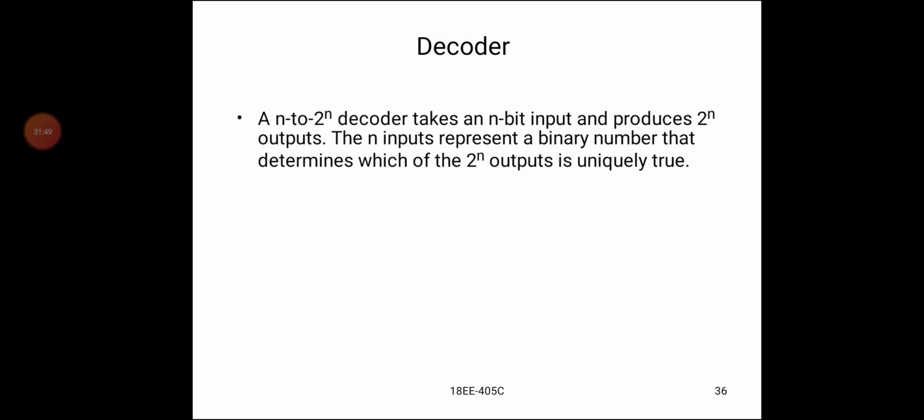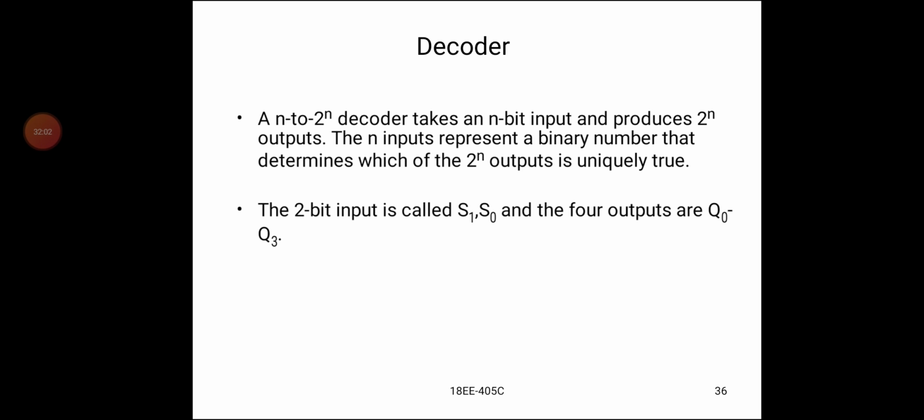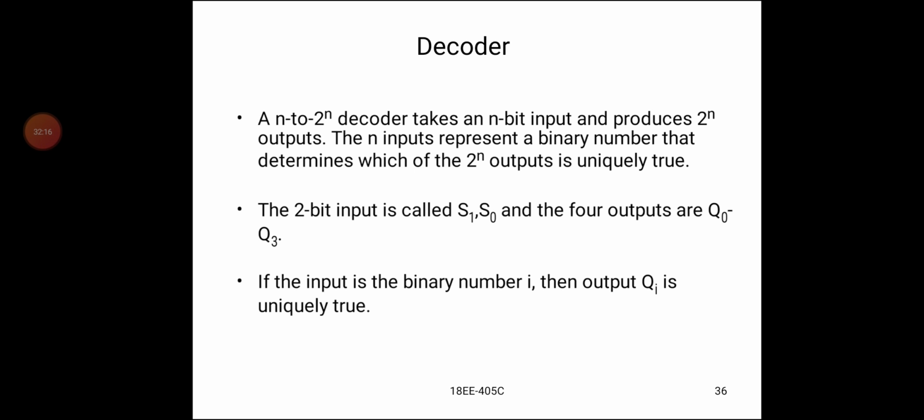The n inputs represent a binary number that determines which of the 2 to the power of n outputs is uniquely true. The 2-bit input is called S1, S0, and the 4 outputs are Q0 to Q3. If the input is the binary number i, then output Qi is uniquely true.